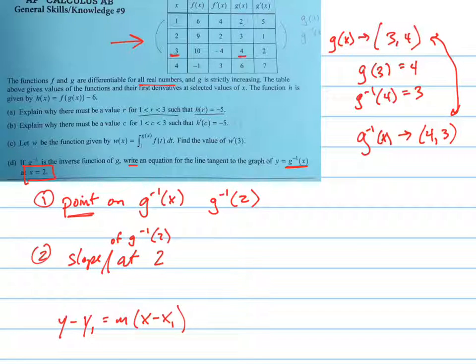If x equals 2 on g inverse, that's my x value, then that means that g of x equals that value. In my example up here, I'm using the point 3, 4, but in this case, it's using the 2. 2 is the x value, which means g of x equals 2.